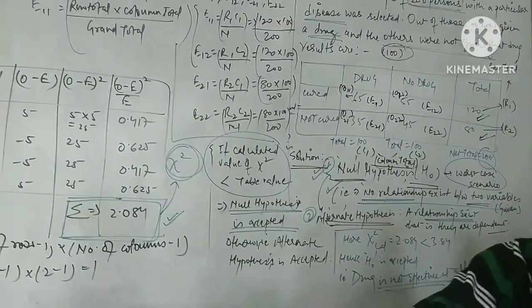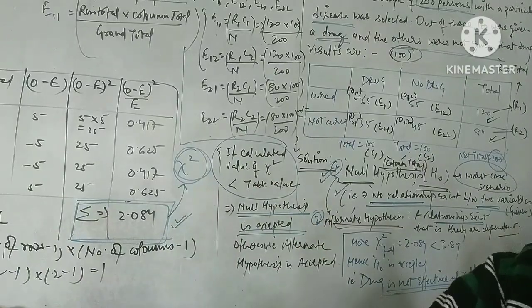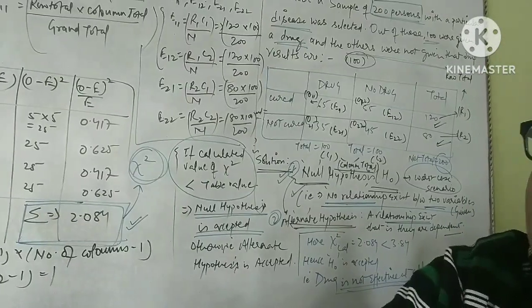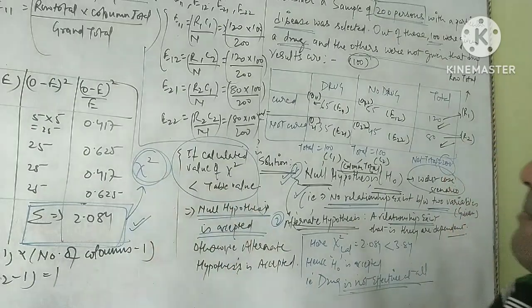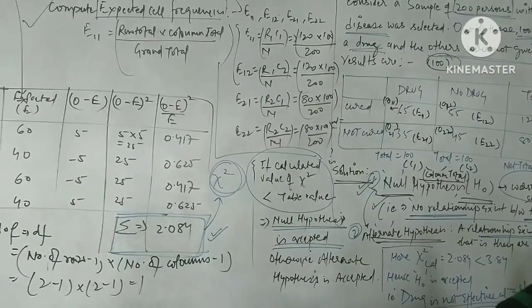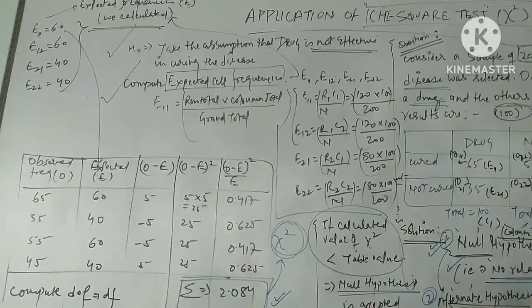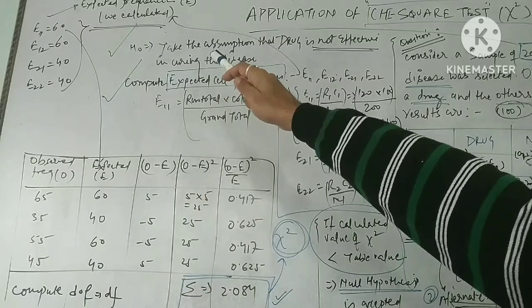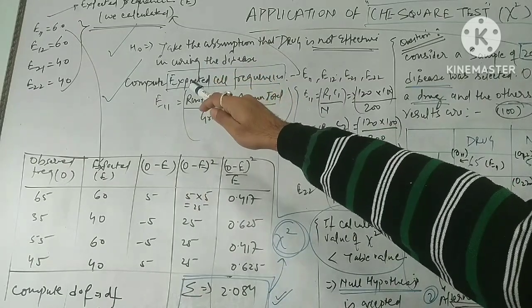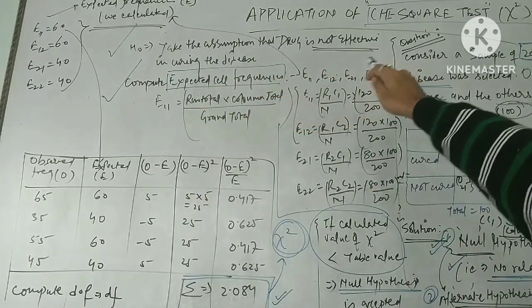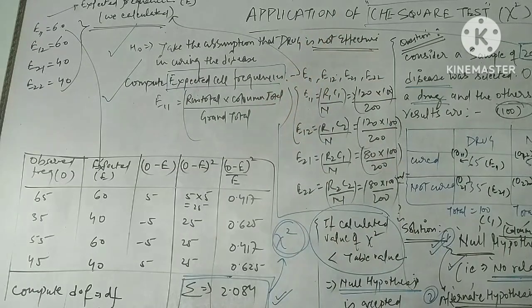Now the main thing: we started with the null hypothesis H0, and how did we arrive at computing our chi-square? The simple thing is, I have written it down on a step-by-step basis. First step, H0: take the assumption that the drug is not effective in curing the disease, because our null hypothesis says that no relationship exists between the two variables.